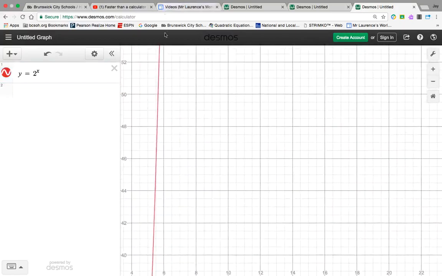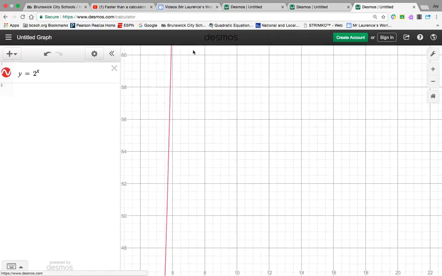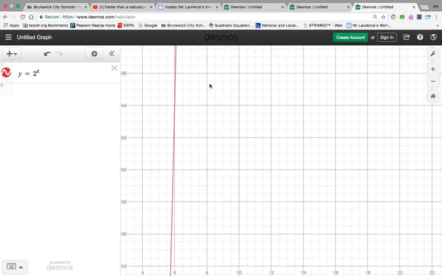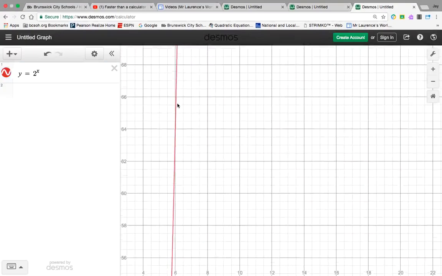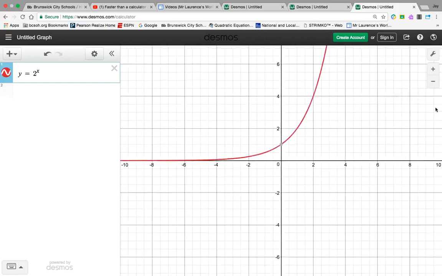Well, if we keep going, this thing will eventually cross 6. There it is. It's crossing 6 right there. So it's going very steep, but it is getting larger and larger in the x direction. So the domain for this will be all real numbers.